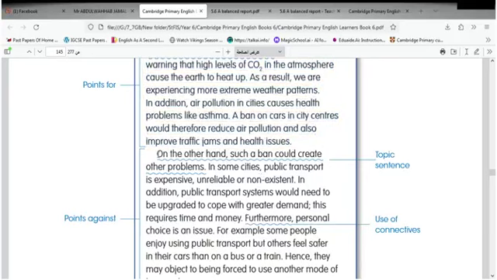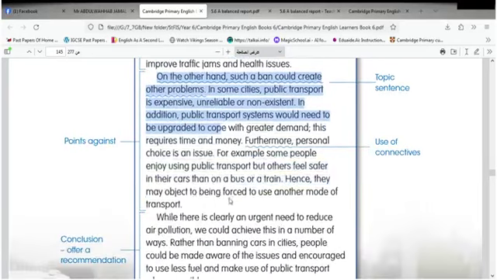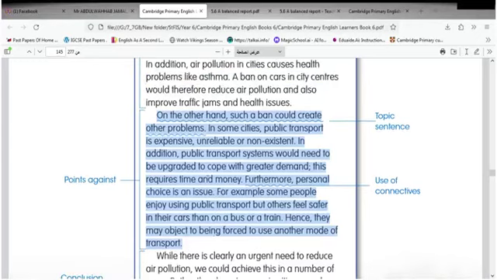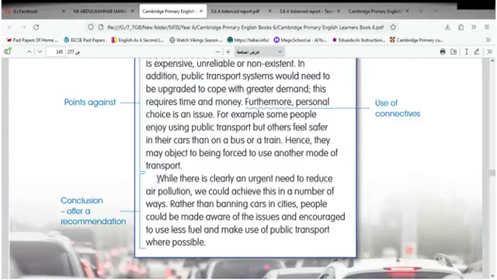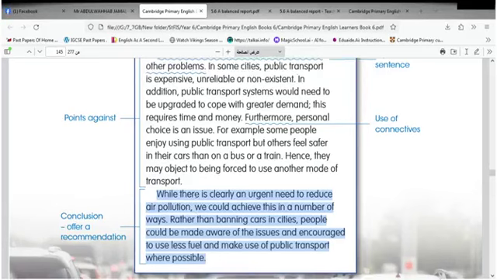And then I have another points overview, which is points against. Why should we not ban the cars from going to the city center? And then I have a conclusion, paragraph number 4, the ending, in which you will try to suggest or recommend a solution for that problem or issue. So 4 paragraphs.